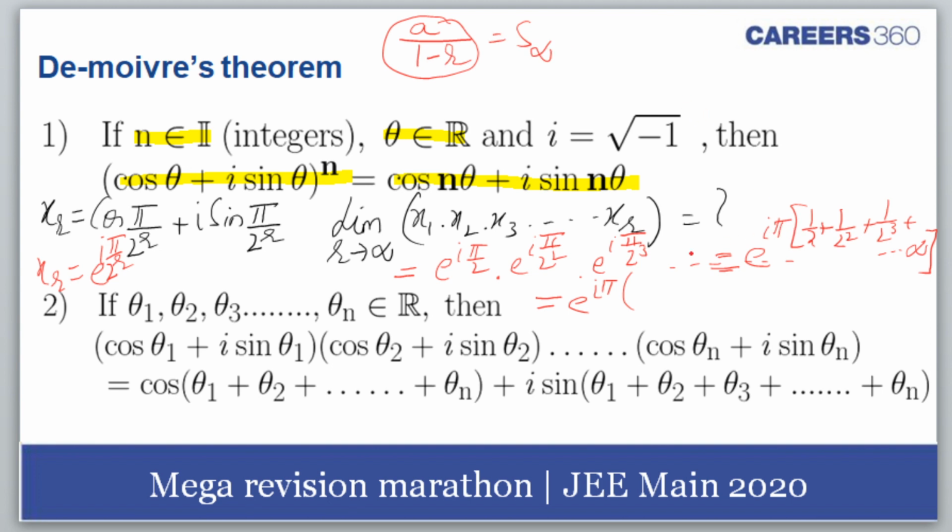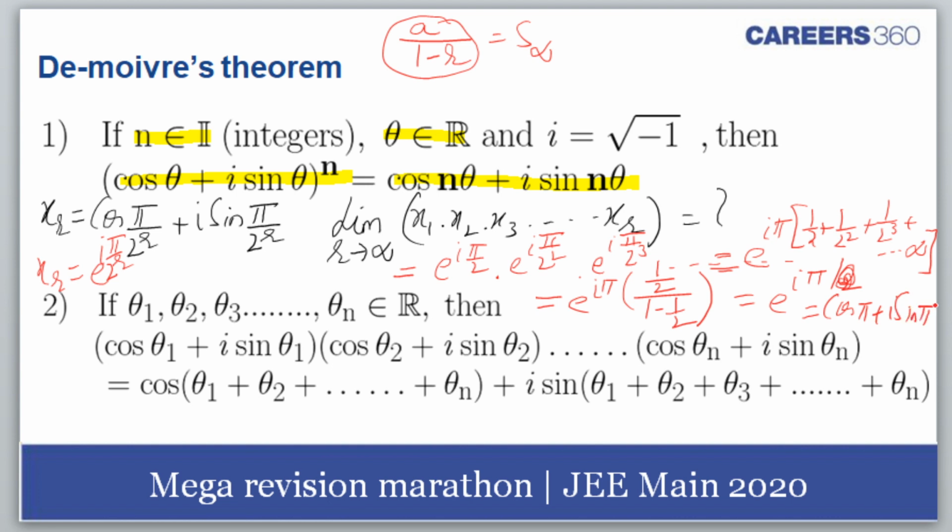Here what it will make? Half. That's the first term upon 1 minus common ratio is also half. So it is E iota pi by 2. Am I right? Sorry, pi by 2 nahi, pi only. E iota pi. Half upon half will become 1. So E iota pi is what? Cos pi plus iota sin pi.